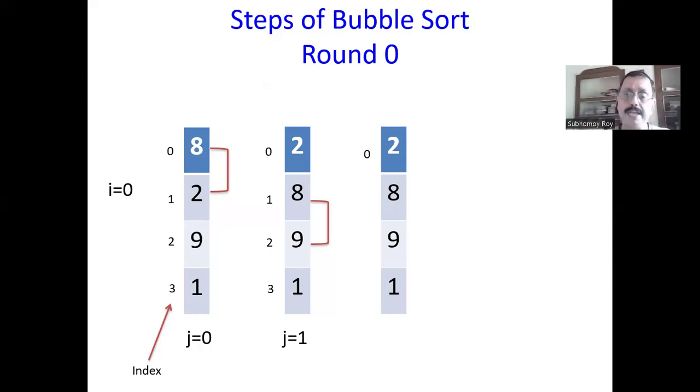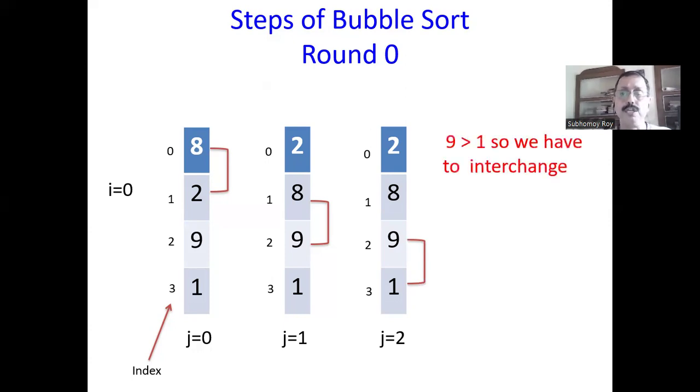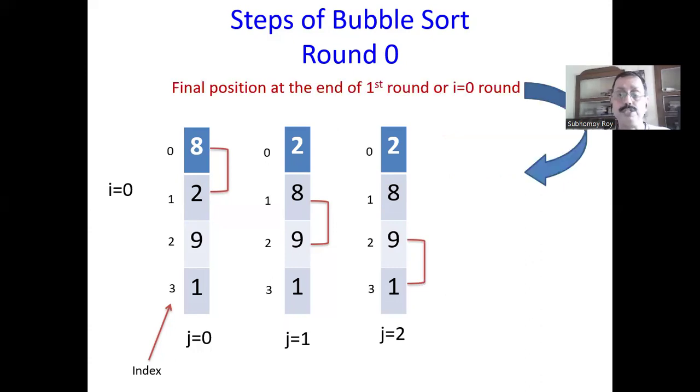Now here 9 and 1, the last adjacent pair, we have to check 9 and 1. Again, they are not in proper order. So we have to interchange their position. 9 is greater than 1, so we interchange the positions.